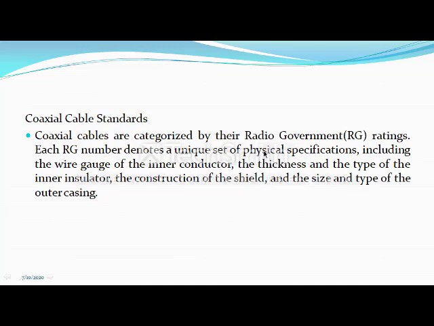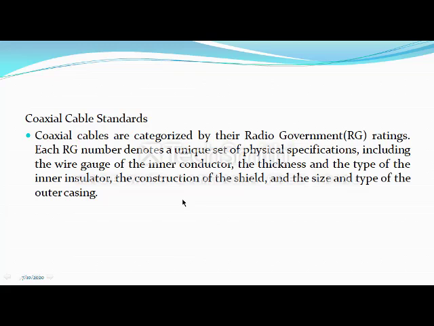Each RG number denotes a unique set of physical specifications, including the innermost conductor gauge and thickness, what type of insulator, the construction of the shield, and the size and type of the outer casing.